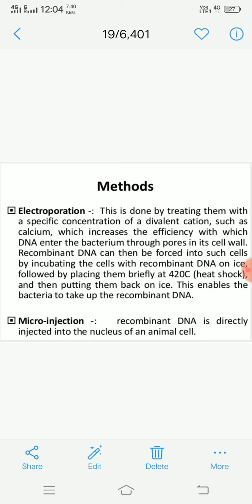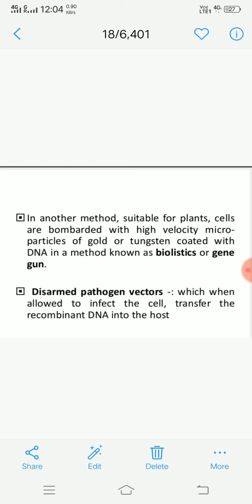Next is microinjection, where our recombinant DNA is directly introduced into the host E. coli cell. Then another method is biolistics, or the gene gun. Whatever your host cells are, either plant, animal, or bacterial cells, they are bombarded with high velocity microparticles of gold or tungsten coated with our DNA.